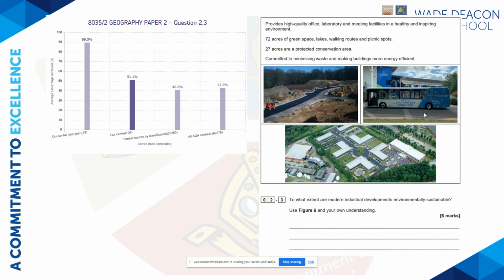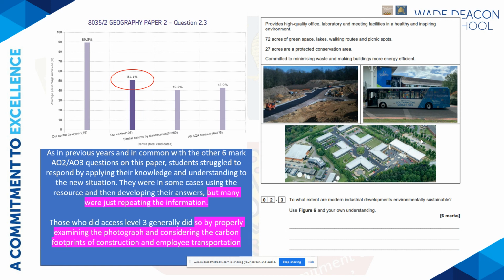So question 2.3, to what extent are modern industrial developments environmentally sustainable? Again, this is a to what extent question, which we scored above average for. However, they were just repeating information from the pictures rather than using their own knowledge. Those who did access level 3 generally did so by properly examining the photograph and considering the carbon footprints of construction and employee transportation.